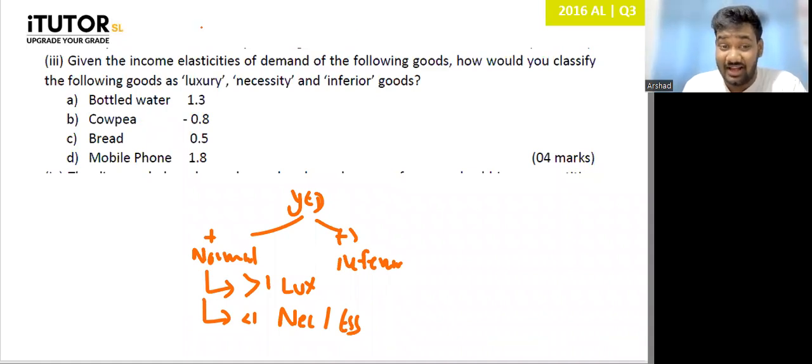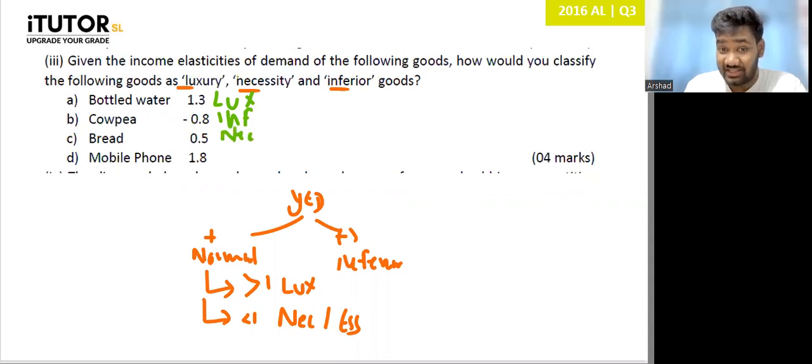So can you quickly give me answers, guys? Bottled water, YED 1.3, what is it? Luxury, necessity, inferior. It's a luxury. Okay. Cowpea, minus 0.8, inferior. Bread, 0.5, necessity, right?